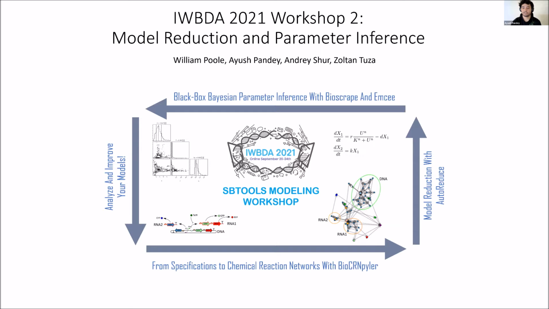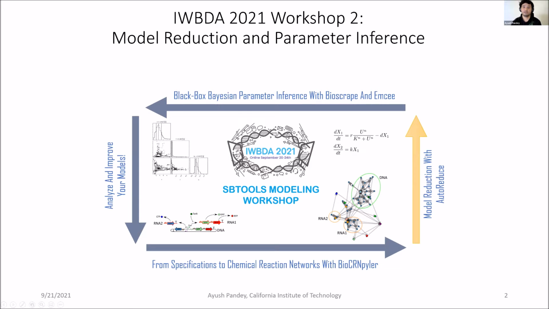So towards that is the first section of this workshop, which is how to reduce chemical reaction network models, or in general mathematical models, to a lower dimension so that we can do parameter inference on that lower dimensional model.